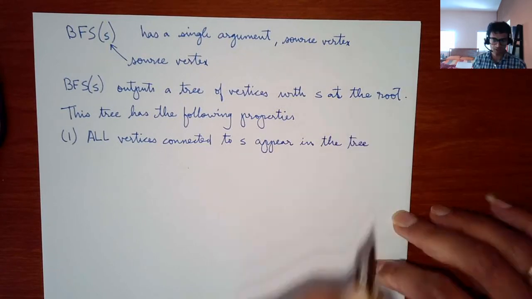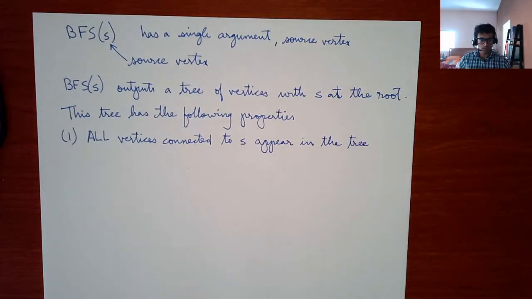So it's going to output this tree so that all the vertices that are connected to S, all the vertices that S can reach with a path, appear in it. In the directed case, it's like S can reach all those vertices. So all these vertices will appear in the tree.